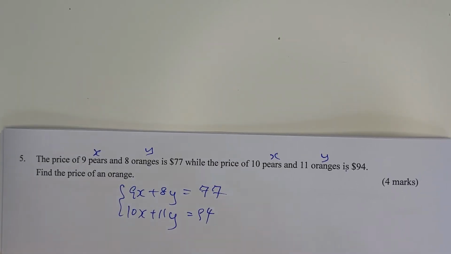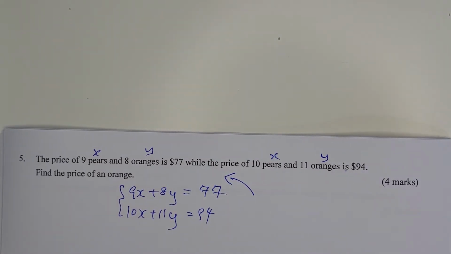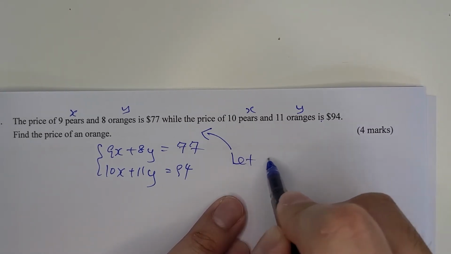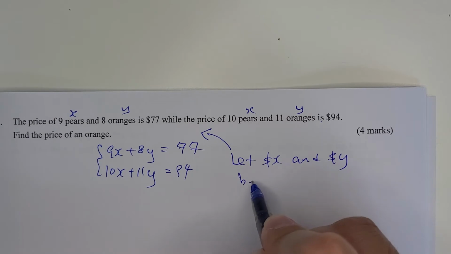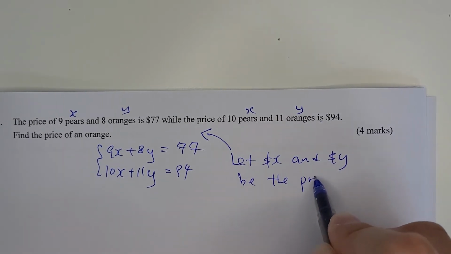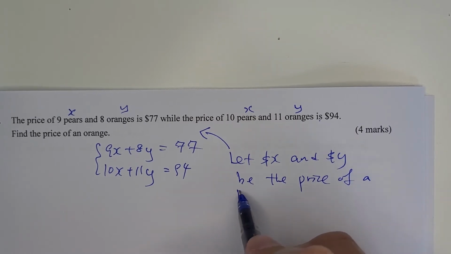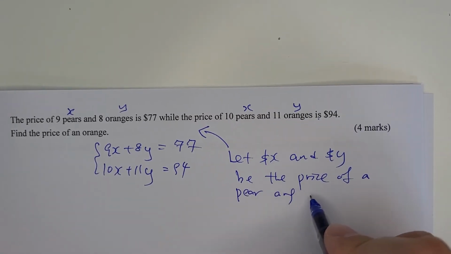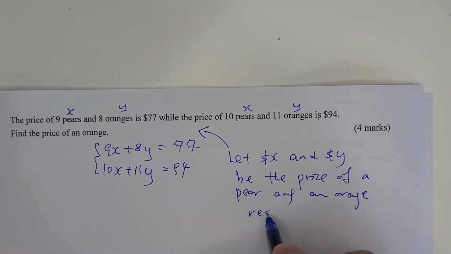Alright, but in here, before you use x and y, you need to assign the variable clearly. Okay, define a variable very clearly. Let x and y be the price of a pear and an orange respectively.